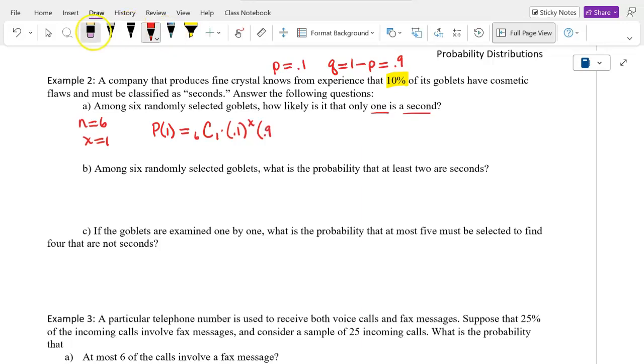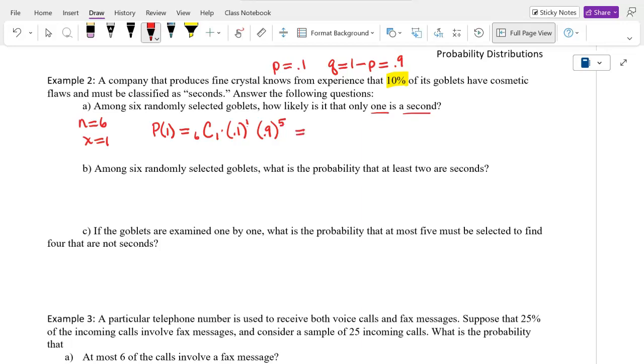And right here, X is 1, and Q is raised to the N minus X power, which would be 5. This pair of exponents always have to add up to our N.